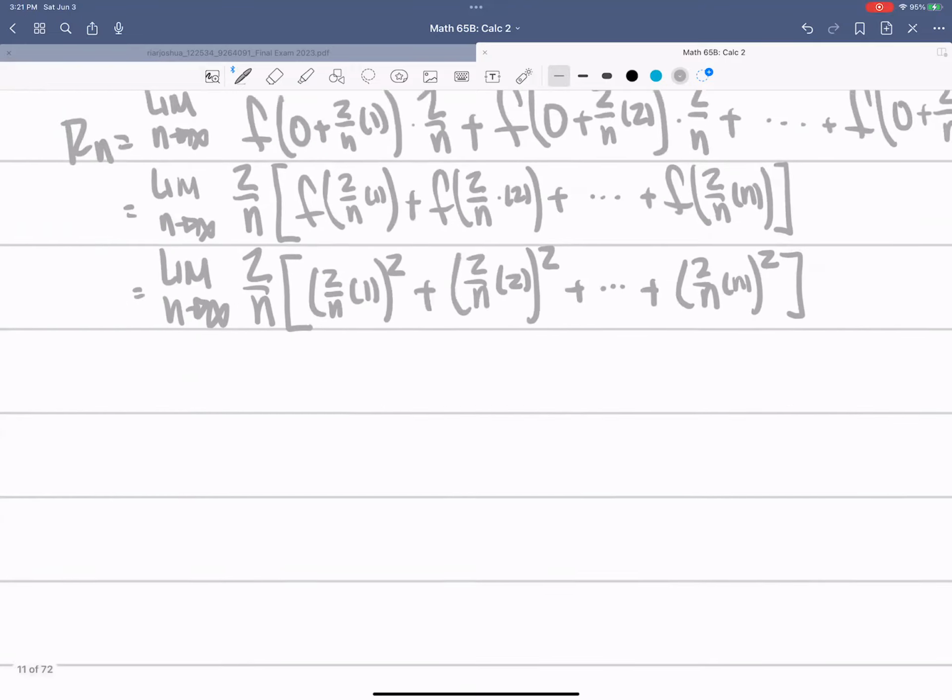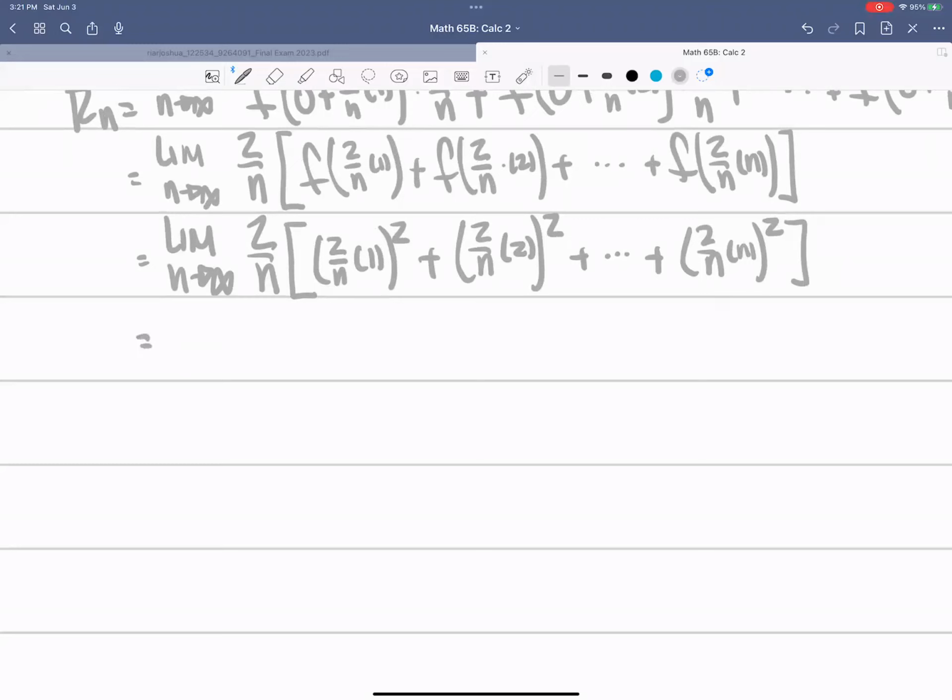All right, I'm starting to see something here. What I really want to do is, so notice that we have a 2 over n for all of the terms there. So we could actually factor that part out. So let me show you how to do that.